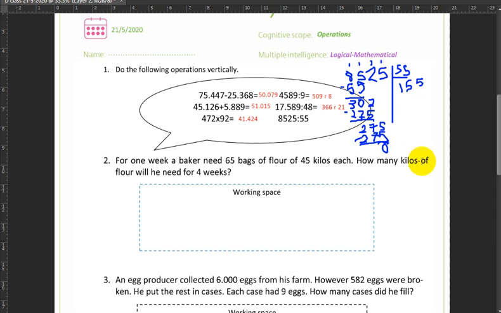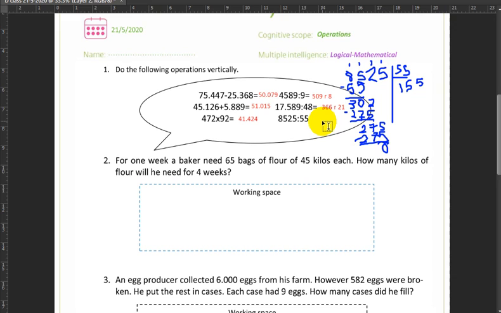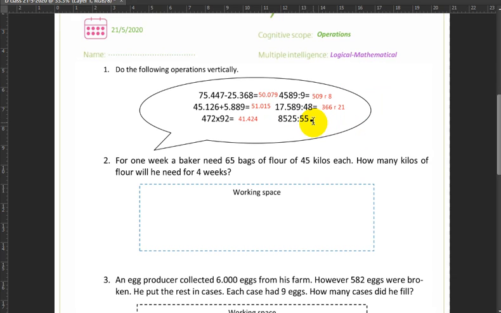We have nothing else to carry down, so division ends. The result is 155 with no remainder. All right.